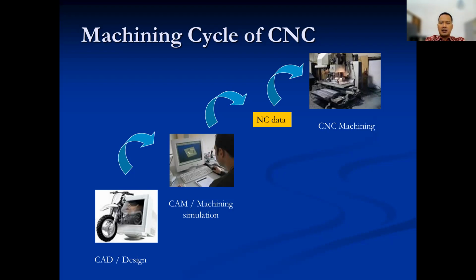NC data is usually called G code because there are many G's in the numerical data. And then the numerical data is sent to the machine, especially for CNC machining. The CNC will read the numerical data and run the machine to control the movement of the tools, the tables, and so on.